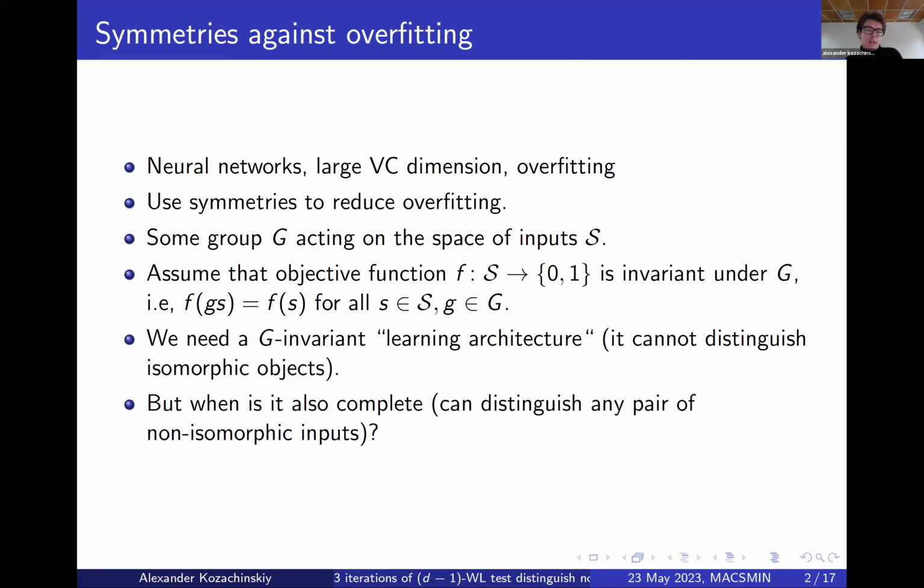The first property can be called soundness, and the second property that is sometimes useful to have is completeness. If I have non-isomorphic inputs, those that cannot be mapped to each other by an element of the group, we want this learning architecture to at least in principle be able to distinguish these two inputs, because if not, then not every G-invariant function can be expressed.